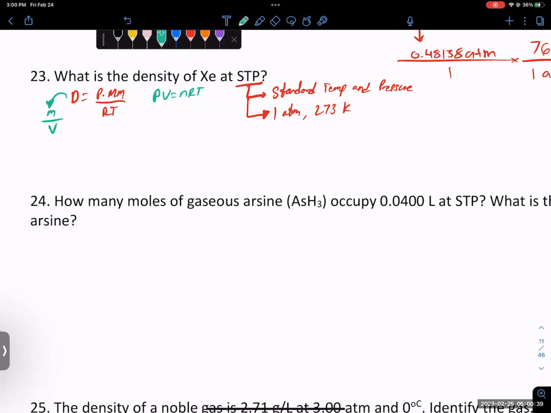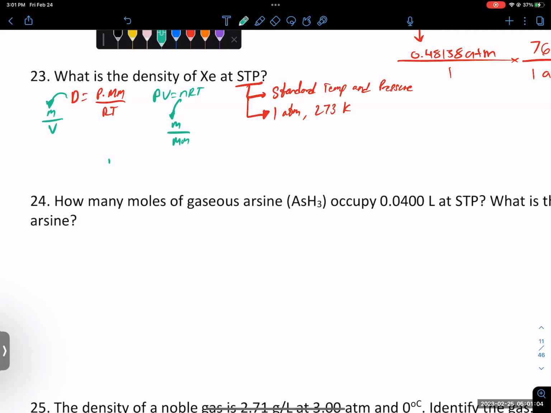How do we convert from grams to moles? You divide by the molar mass, so moles equals mass over molar mass.